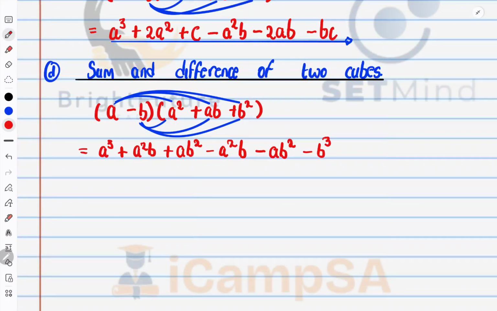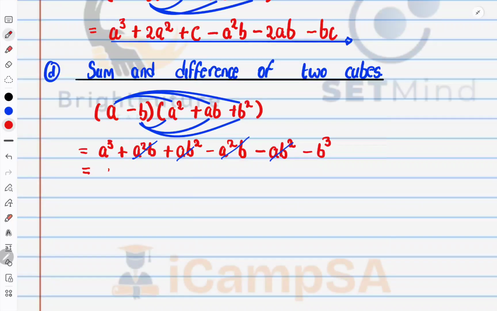Then let's add and subtract the like terms to see what we are left with. We have a squared b, these are like terms with different signs, so this cancels this, and then ab squared and negative ab squared cancel since the signs are opposite.